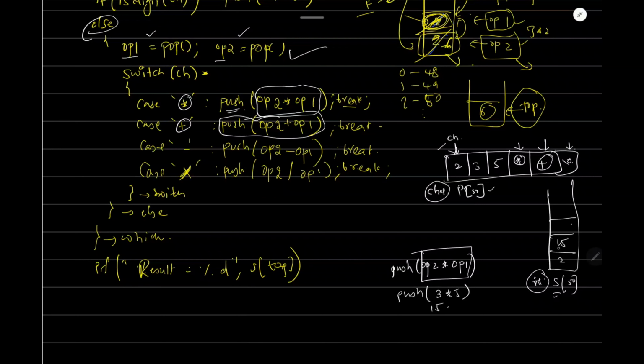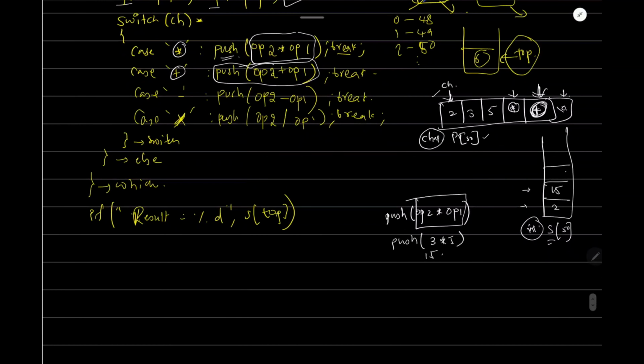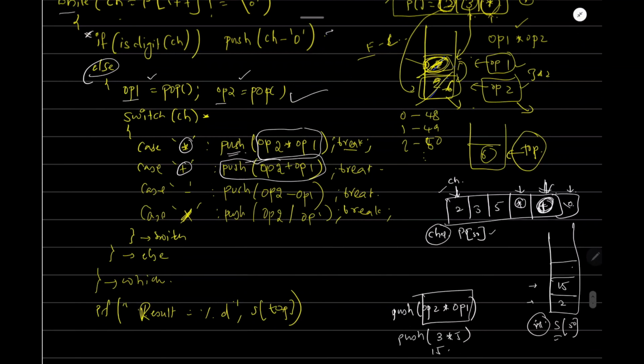Now these two are the elements. After traversing we'll be reaching the plus. As plus is an operator, we'll be pushing op2 plus op1. So what is op1 and op2 now? This is op1, this is op2, right?